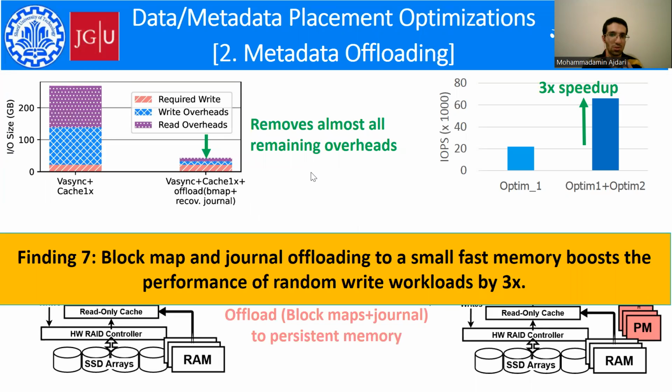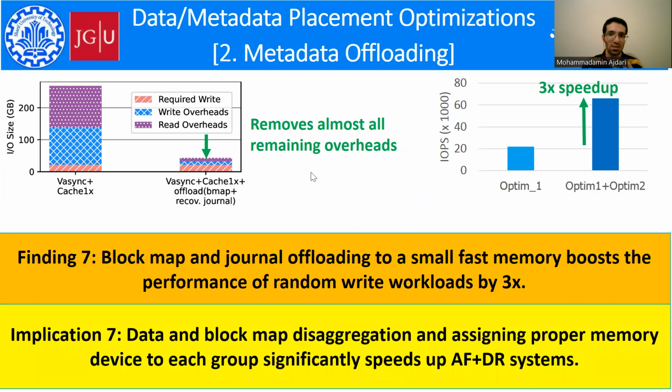Offloading the block maps and journals to a fast, fairly small memory removes all remaining overheads and provides 3x additional speedup. This result emphasizes that data and metadata disaggregation and using a proper memory device for each data and metadata type is necessary for a high performance all-flash plus data reduction system.